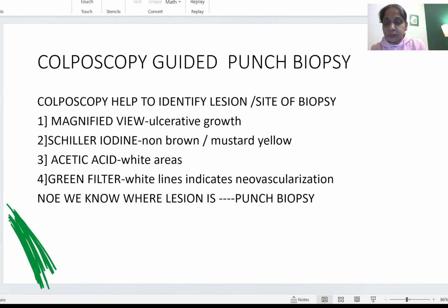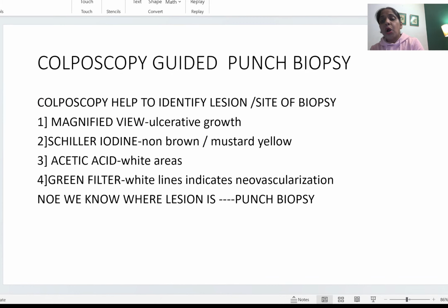So this is colposcopic guided punch biopsy. What do you mean by it? When a patient comes to you with irregular bleeding, postcoital bleeding or postmenopausal bleeding, you suspect CA cervix and rule out the risk factors. The patient tells you, yes, I am a prostitute, I have multiple sexual partners.